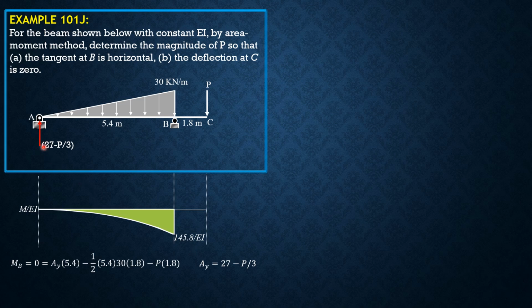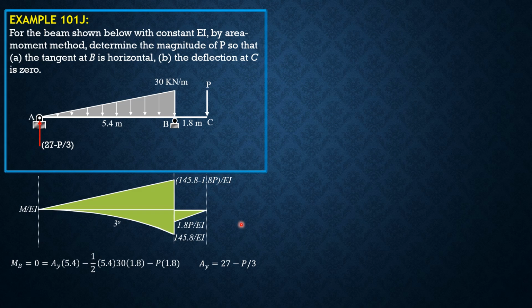Then the moment due to this reaction at B, first degree triangular area, 27 minus P over 3 times 5.4, that should be 145.8 minus 1.8 P. The moment of this loading P at B is negative 1.8 P. That's why the moment at B is negative 1.8 P.